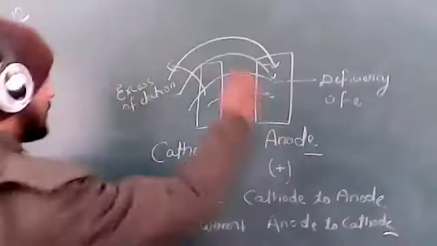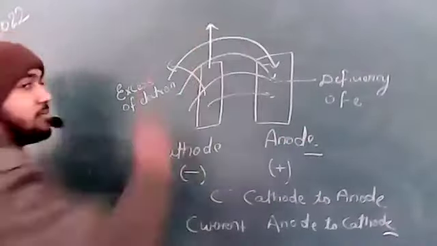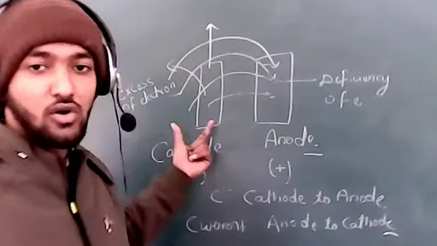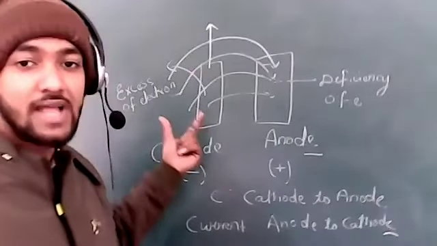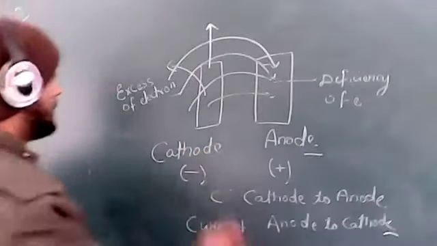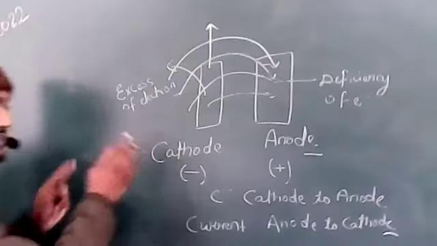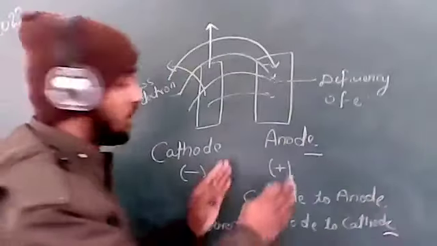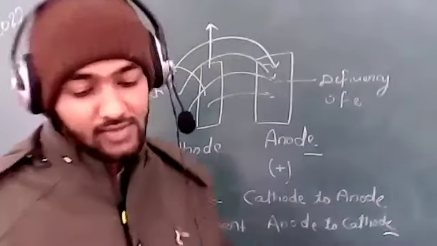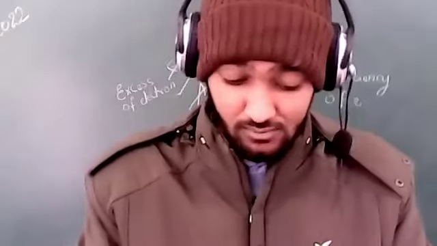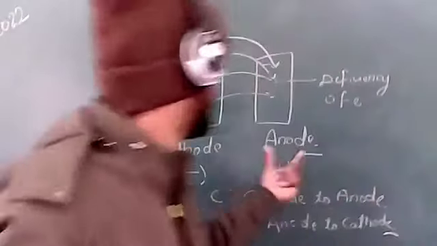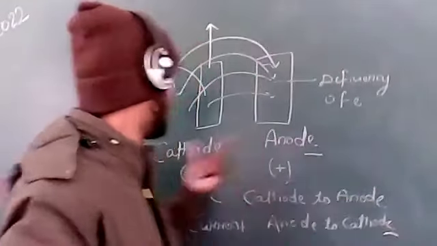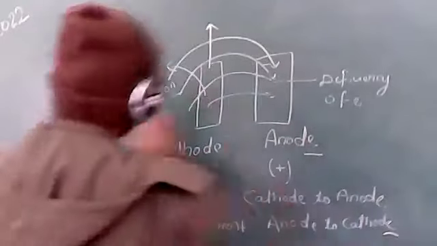And one more thing: where there is an excess of electrons, that terminal is called negative potential. Cathode will be termed as negative potential and anode will be positive potential.